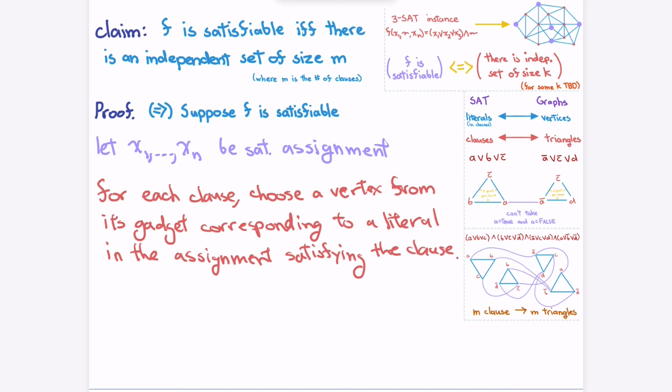And now we just have to double check that it's independent. So you just say, okay, this gives m vertices, one from each clause, because we wanted to check that we're picking m of them.